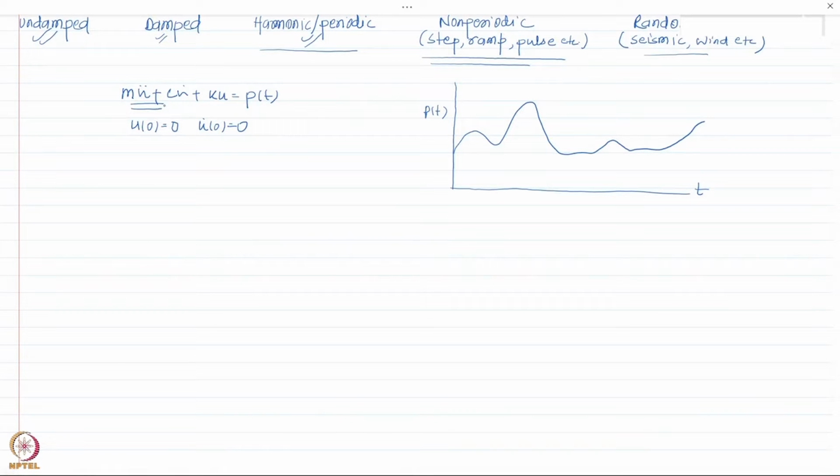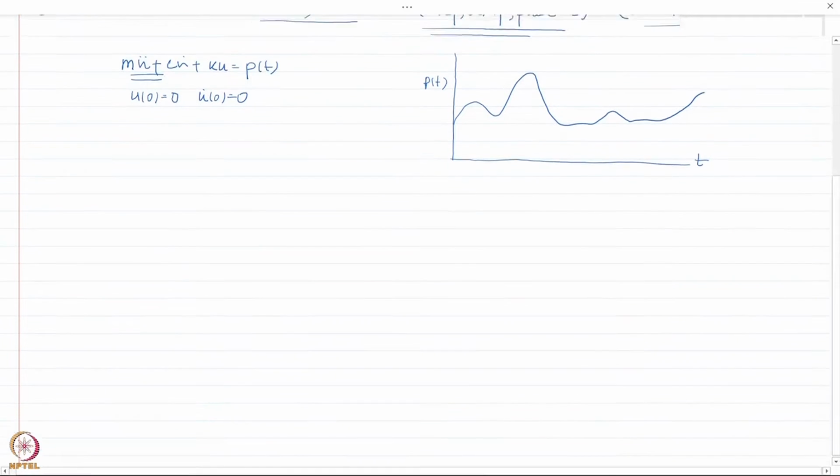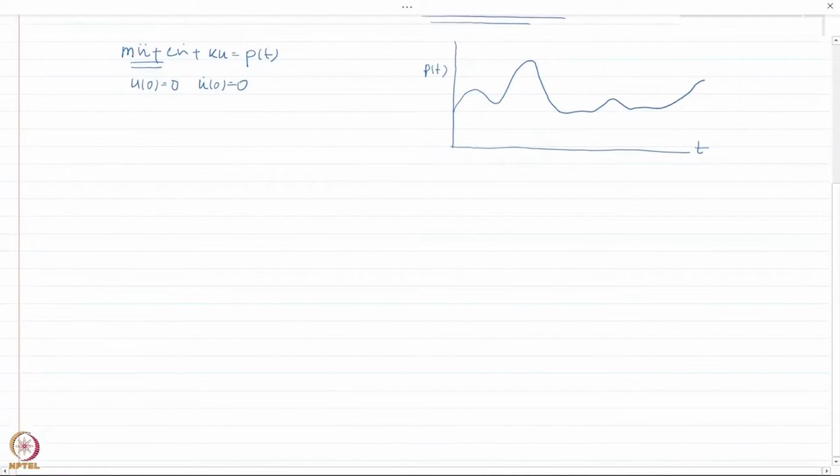For this type of function p(t), in order to find the response, what we actually do is divide this function into very small intervals. Throughout the loading we divide it into very small intervals.